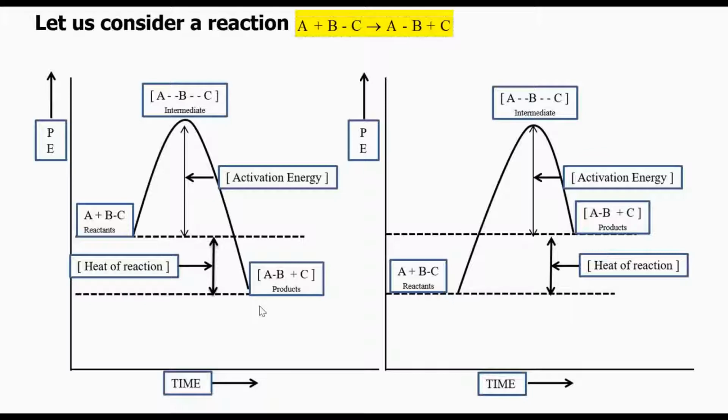And all the atoms, ions and molecules are trying to become stable. So if the reactants are less stable and products are more stable, then the reaction will be relatively easier, and such reactions are called exothermic reactions.